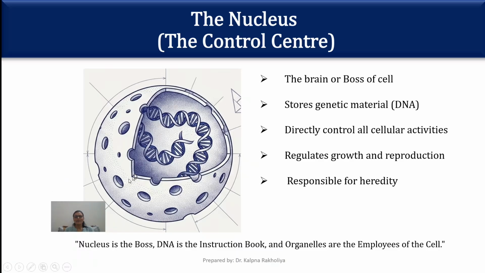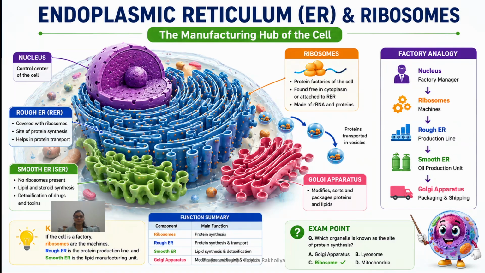A similar example we can relate to our college or university, or school. There is a head present, or we can say a principal. So the nucleus is the principal, and all faculty members doing their jobs and tasks are like the organelles.